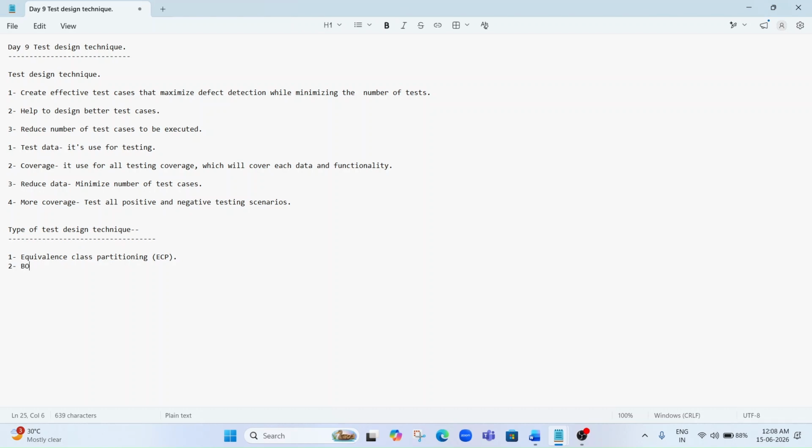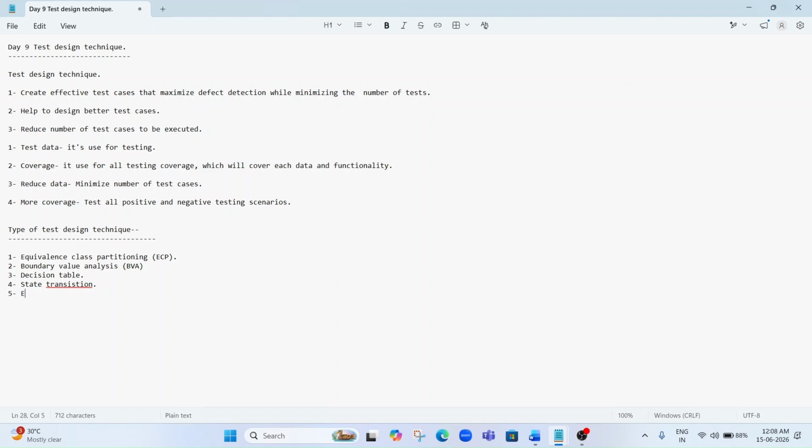The second is boundary value analysis, called the BVA technique. This is also very important. Third is decision table. Fourth one is state transition.